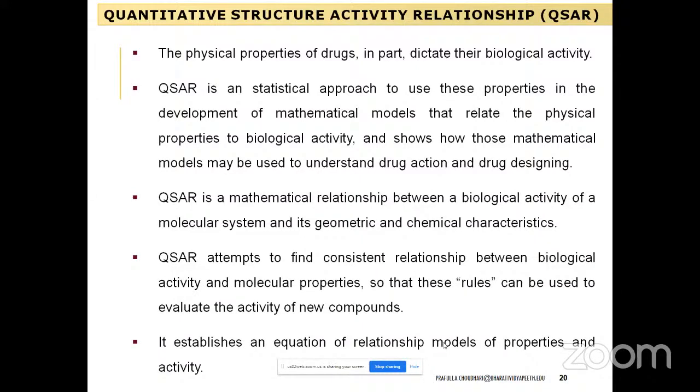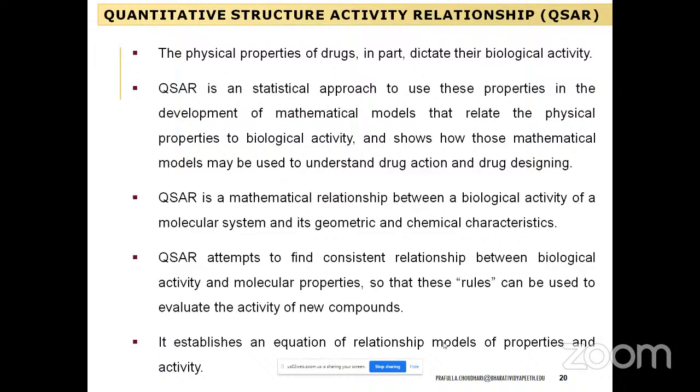Means to attain a high amount of predictability, or to have high levels of predictability, the consistent relationship between the biological activity and the molecular property has to be there.